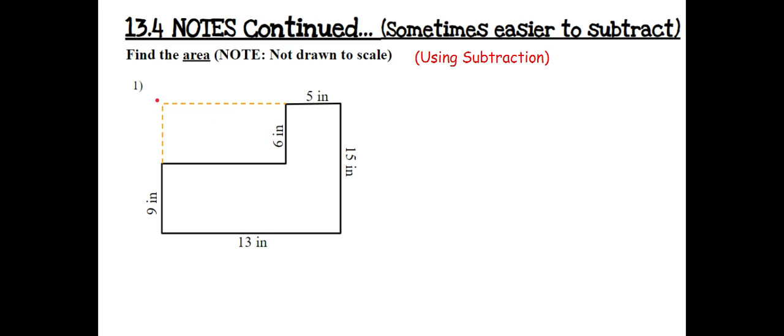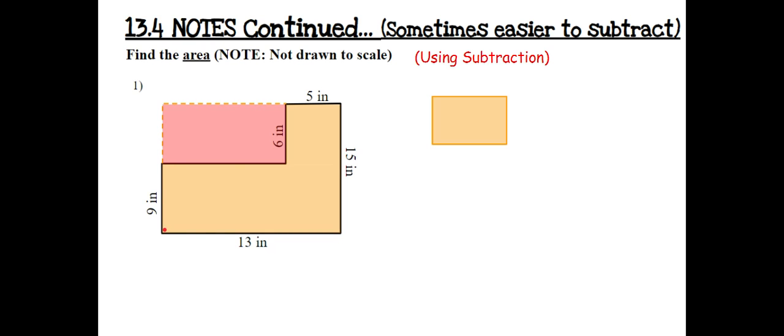See how I just drew these dashed or dotted lines? This isn't actually part of the shape. So pretend this is all shaded in orange, and then I'm going to subtract out that red rectangle right there, and that will give me the remaining L shape. So that giant rectangle right here has a measurement of 13 by not 9, but 15.